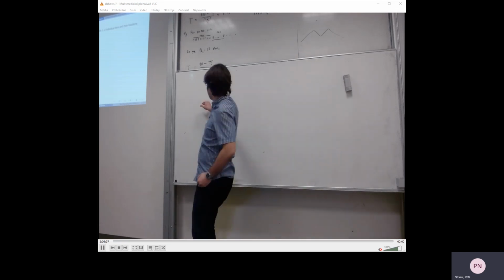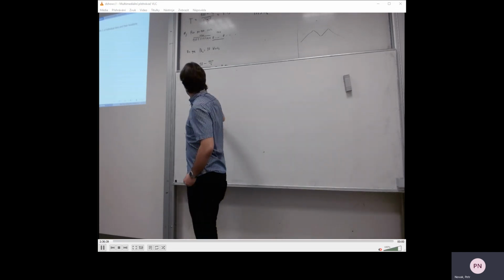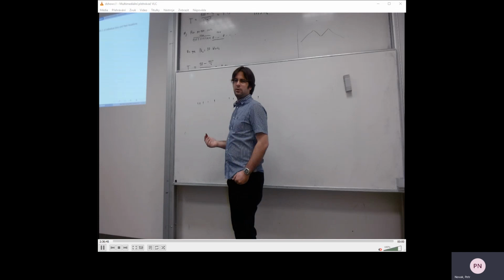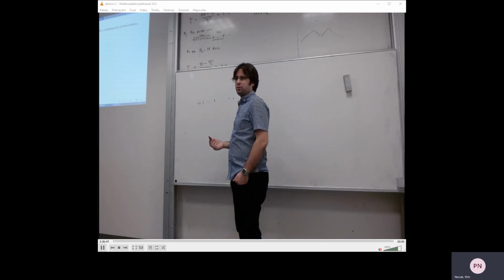Suppose you have some data points here, there, over there, and over each of the data points, you draw a Gaussian curve.